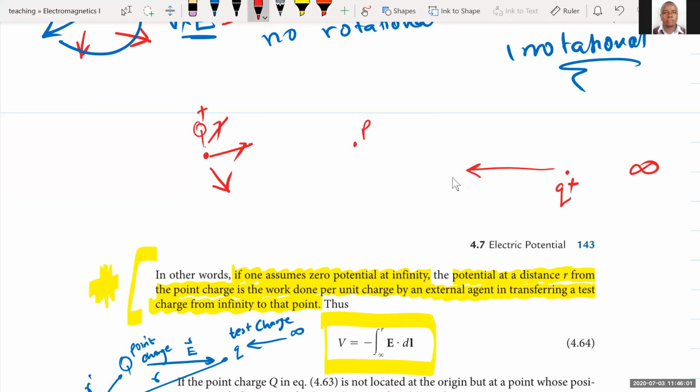When you reach point P, it will have achieved some potential V. If you call this one A and this point B, and you want to find the potential at point B, it is V_AB, which means the potential at B due to A. That is what this statement means.